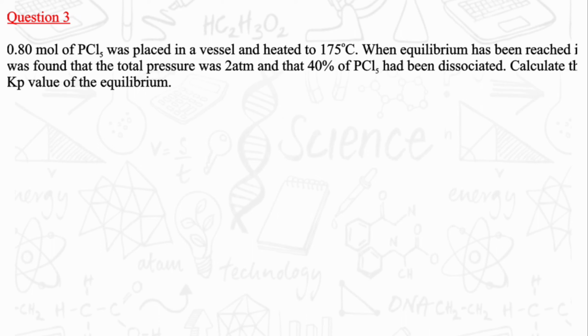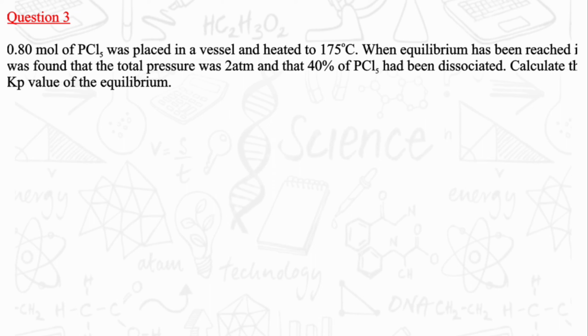Question number 3. Here, 0.8 moles of PCl5 was placed in a vessel and heated to 175 degrees Celsius. When equilibrium has been reached, it was found that the total pressure was 2 atm and that 40% of PCl5 has been dissociated.